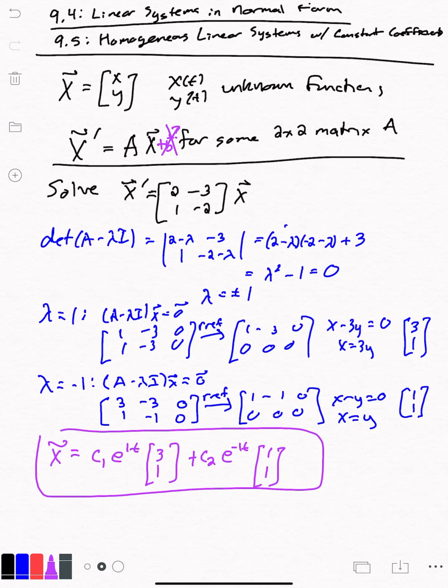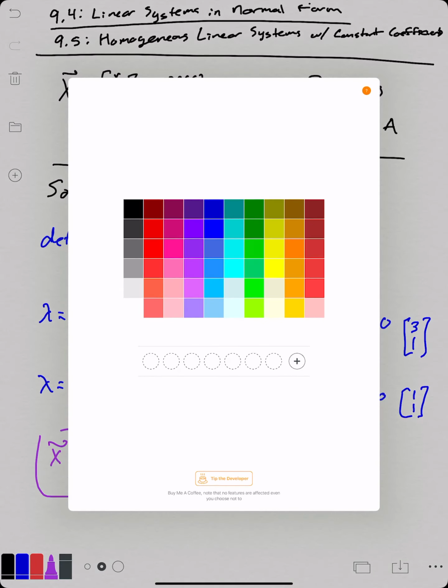Or if you'd like writing it in maybe a slightly nicer way here, you can write out x then is going to be [3c1 e^t plus c2 e^(-t); c1 e^t plus c2 e^(-t)].